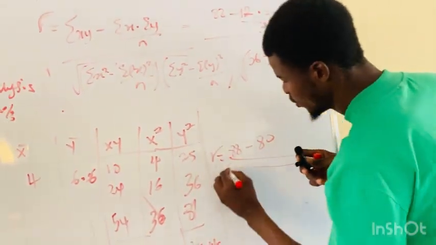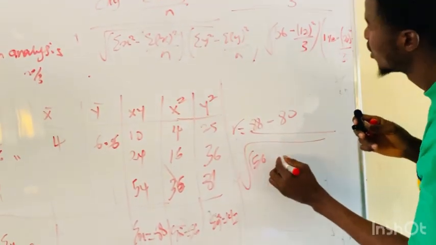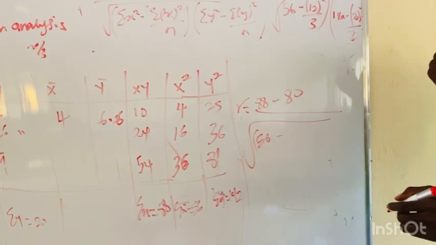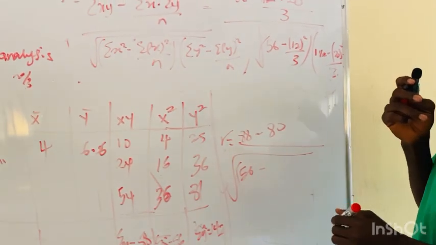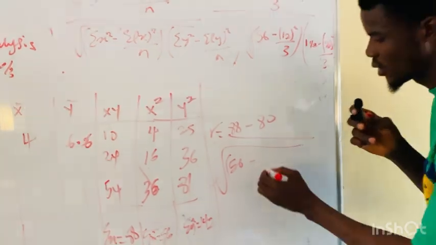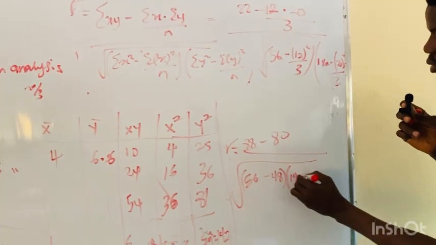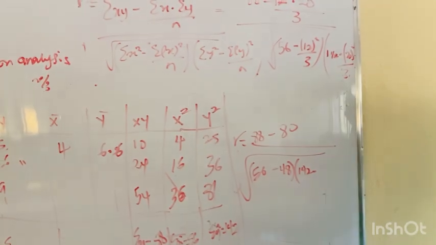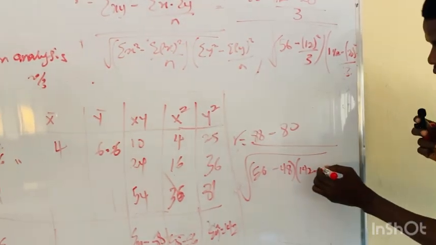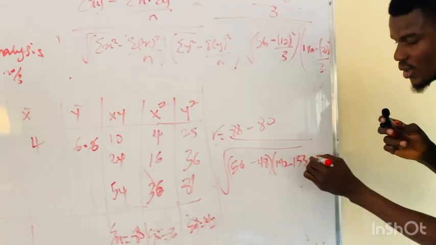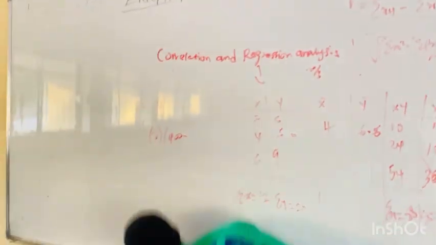Divided by, we are going to have square root of 56 minus 12 times 12, then 144 divided by 3, 48. Then open the bracket, 142 minus 20 multiplied by 20 is 400, right? Then 400 divided by 3, I think is 133.3, right? So let's do the continuation here.